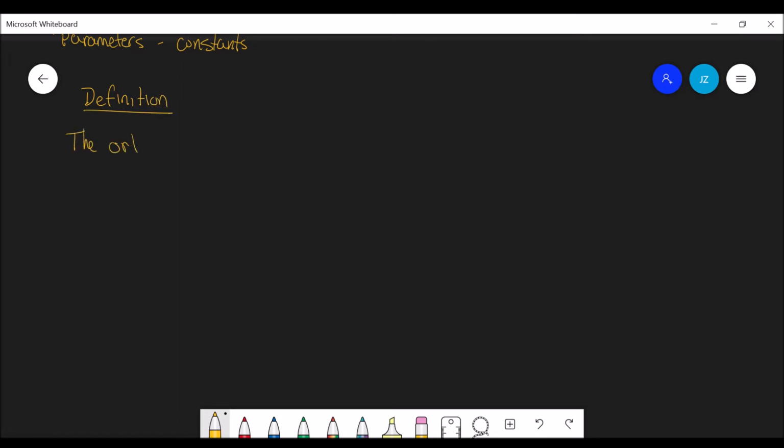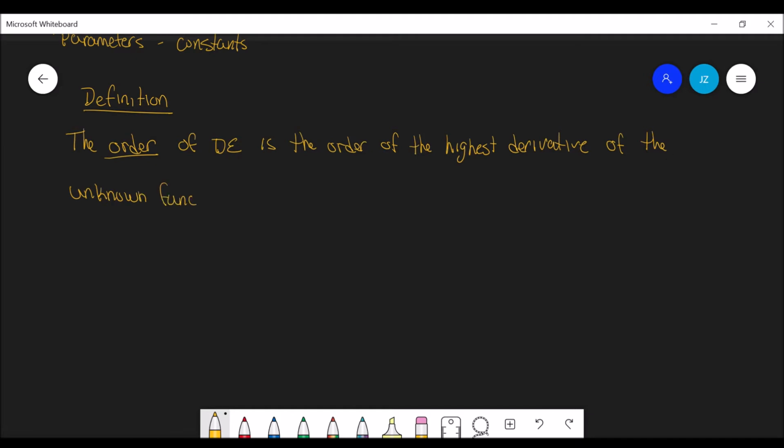So we define the order of the differential equation to be the order of the highest derivative of the unknown function that appears in the equation.